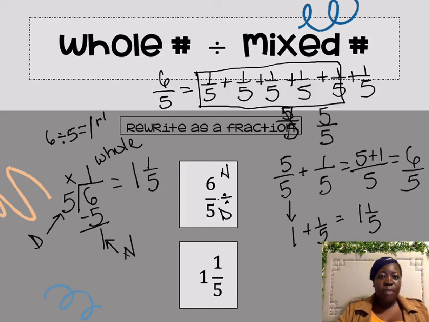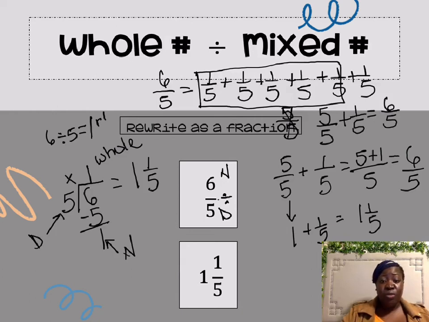That's equal to 5/5, and 5/5 plus 1/5 is equal to 6/5. We need to change it from an improper fraction to a mixed number. The same thing we have up here is the same thing we have down here. Take out your whole, rewrite it as a whole, and then add it to your fraction. And you can see that you get 1 and 1/5.